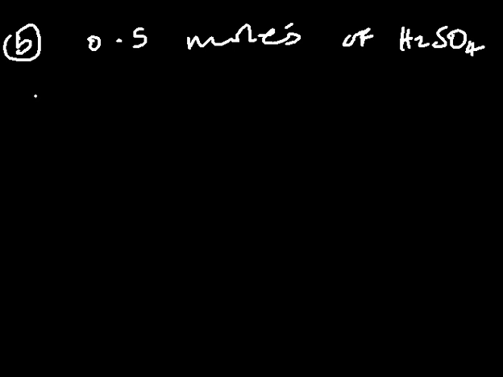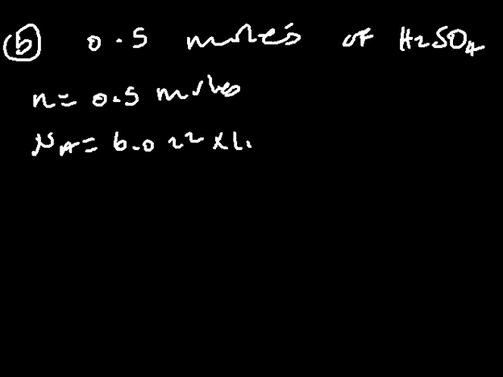We have the number of moles, 0.5 moles, and we have the Avogadro's number, which is 6.022 times 10 to the power positive 23 particles, and we need to have the number of particles. Try to work that one out.